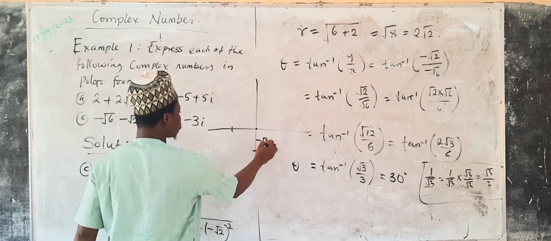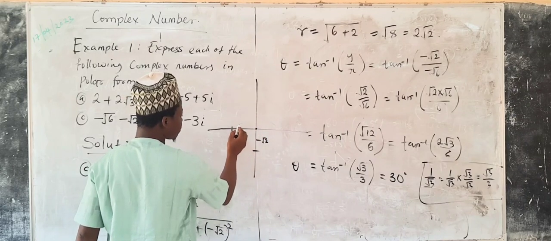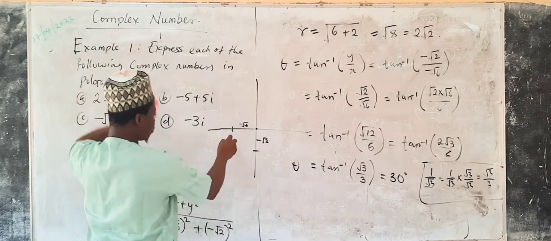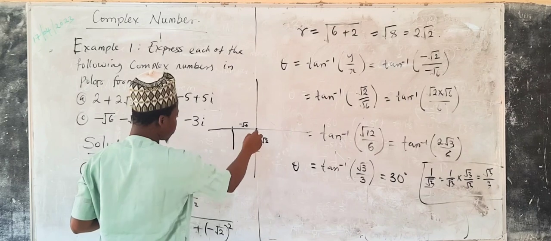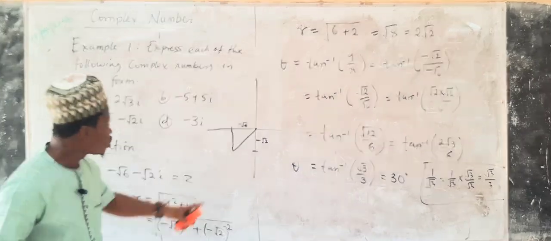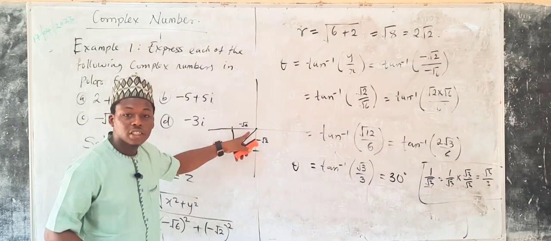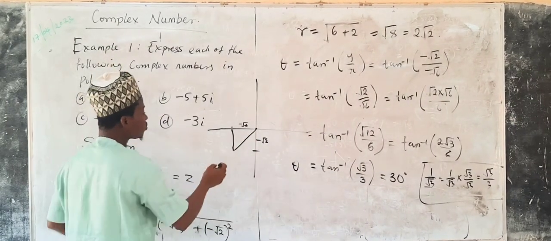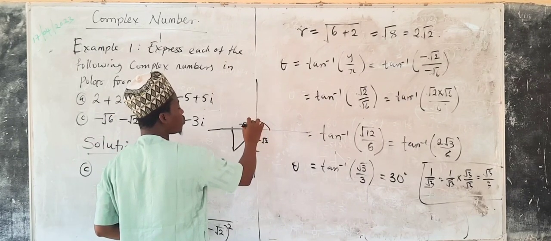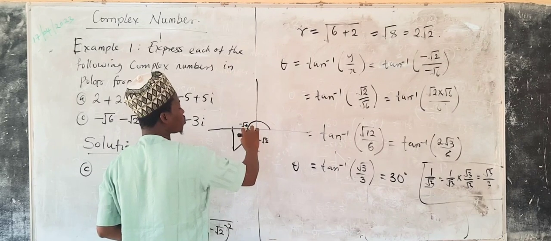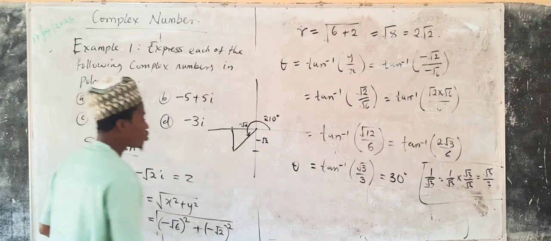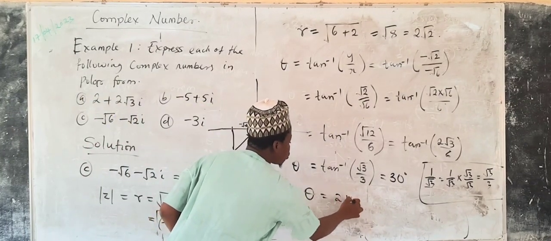So this angle here is what? 30 degrees. So starting from the origin, this is 90, 180 plus 30 is what? 210. Yes. So our theta is equal to 210 degrees.